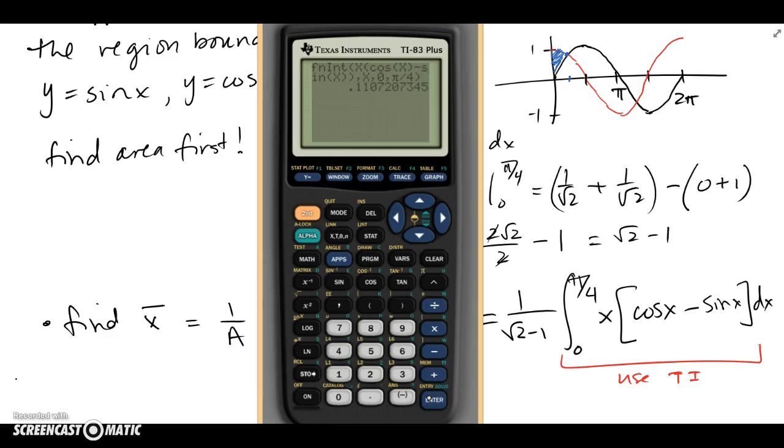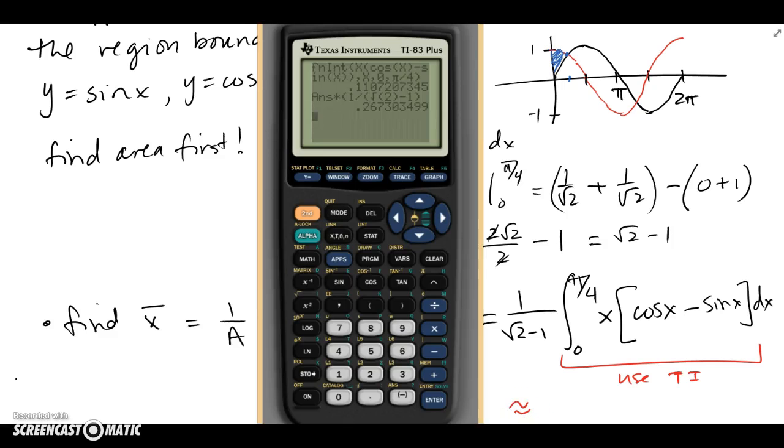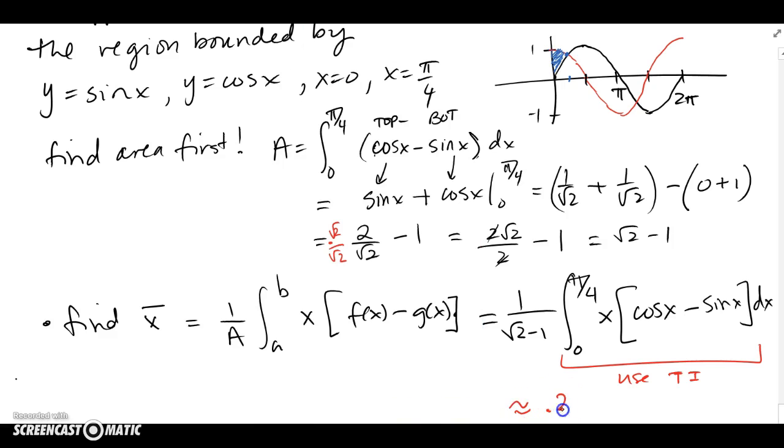So there's what we get for that piece. That multiplied by what's outside, times 1 divided by the quantity root 2, close it, minus 1, and then close your parentheses because you were dividing by an expression in the denominator. And it looks like we get approximately 0.27 for the x bar value.